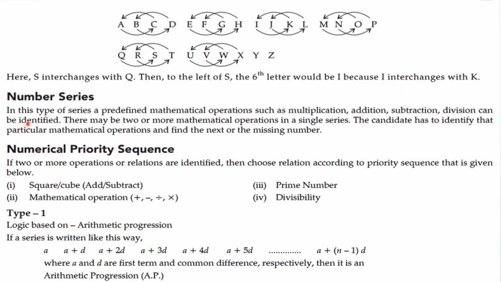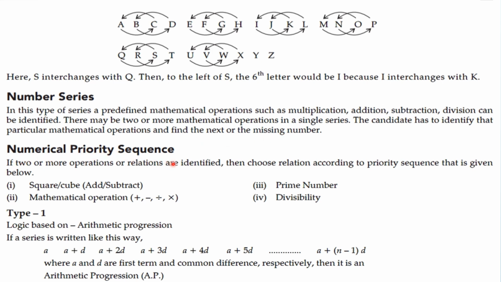Number series. In this type of series, predefined mathematical operations such as multiplication, addition, subtraction, division can be identified. There may be two or more mathematical operations in a single series. The candidate has to identify the particular mathematical operation and find the next or missing number.